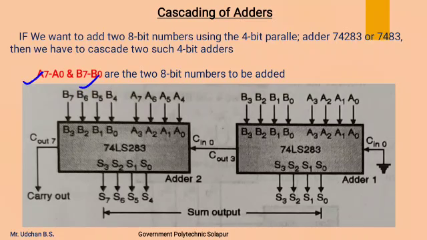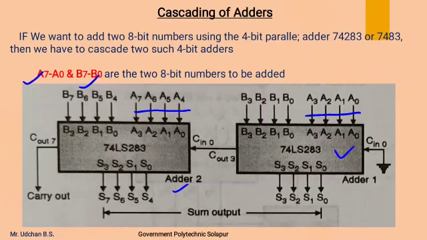Now out of A7 to A0, the first 4 bits are connected to the first 4-bit adder, adder 1. The next 4 bits of number A, that is A4 to A7, are connected as 4-bit inputs to adder 2.